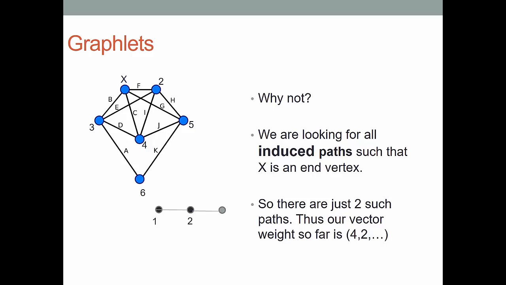So X and 3, and notice 3 is adjacent to 6, and 6 and X are not adjacent. So we can choose X, 3, and 6. And we can choose X, 5, and 6. Each of those two sets will induce a path of length 2 in which X is an end vertex, and those are the only ones. So the answer is 2.